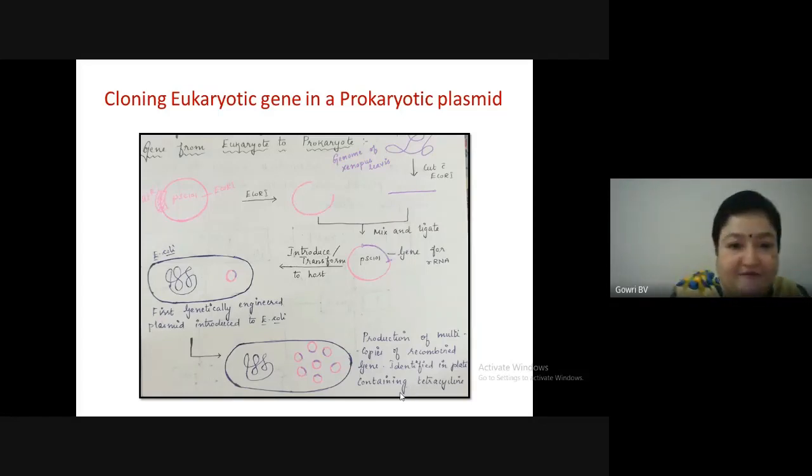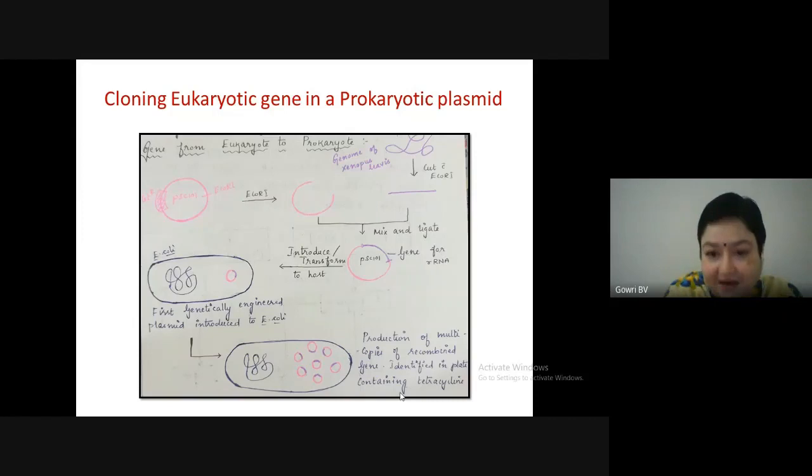Look at the left-hand side, the pink color, you see the pSC101 vector. You can see the purplish one, the genome of Xenopus laevis, the African toad. It is cut with the restriction endonuclease EcoR1, and mixed and ligated with the enzyme ligase to produce a chimeric molecule.